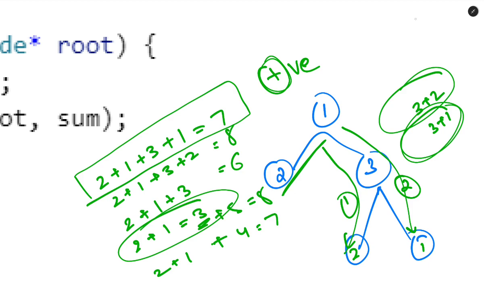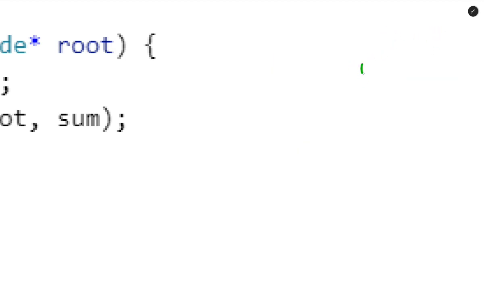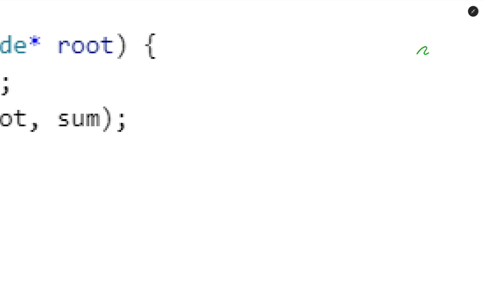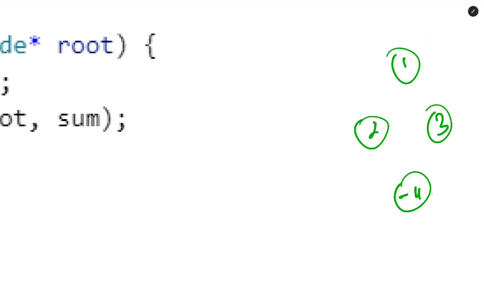But in case I have negative numbers, for example, let me remove it and write everything again. 1, 2, 3, minus 4, minus 5.